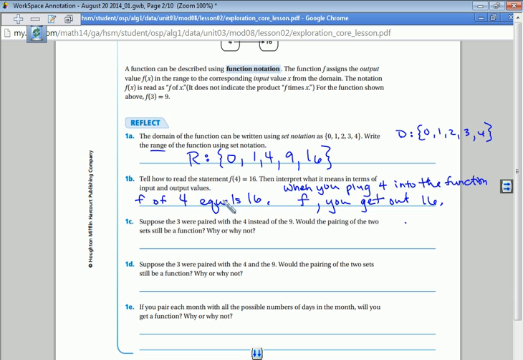That's what f of 4 equals 16 means. When I plugged 4 into the function that I called f, I got out 16. That's what this statement means.